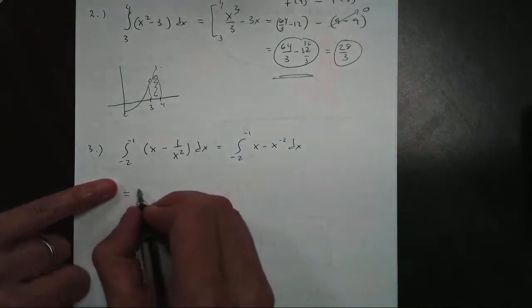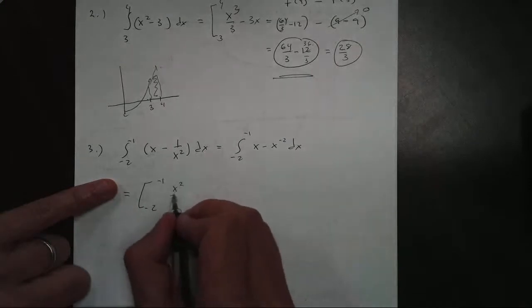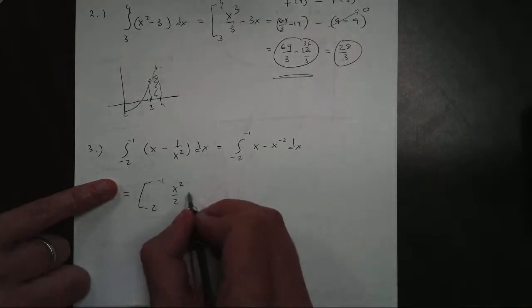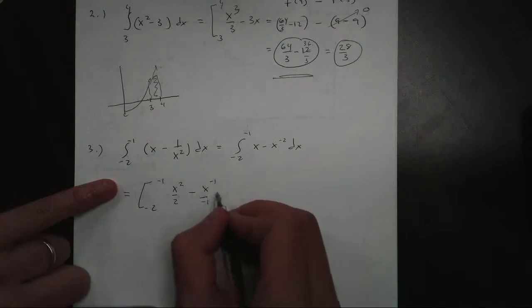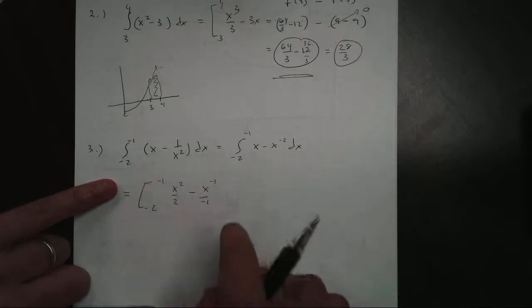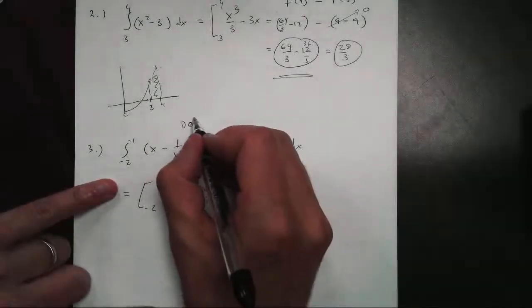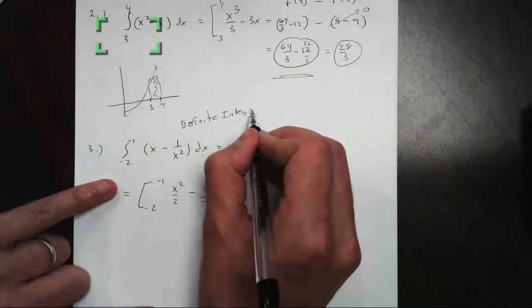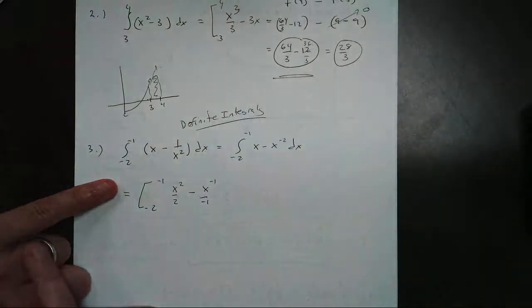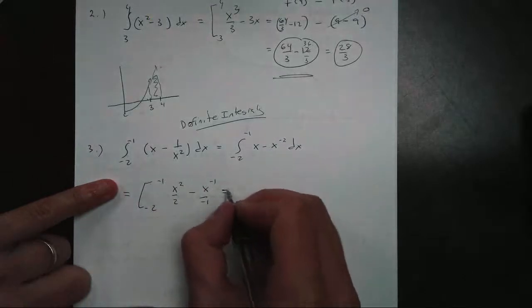When I integrate this now, from -2 to -1, I get x squared over 2. Be careful, minus, it becomes x to the -1 over -1. Notice no plus c, by the way. We don't put a plus c because these are what we call definite integrals. These are definite integrals because we know we're going to get a definite answer.